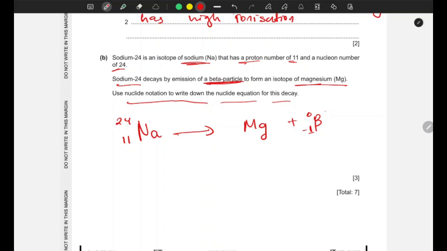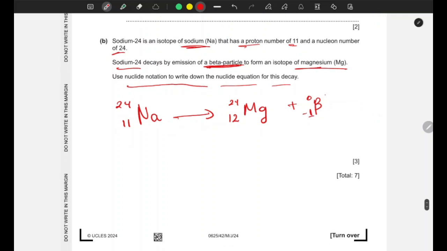The sum on one side should be equal to the sum on the other side. Since the lower number is 11, the sum over here should also be 11. So that means this would be 12, because 12 minus 1 gives us 11. And over here, since nothing has changed because of the beta particle, magnesium would be 24 too. So that's going to be the nuclide notation.